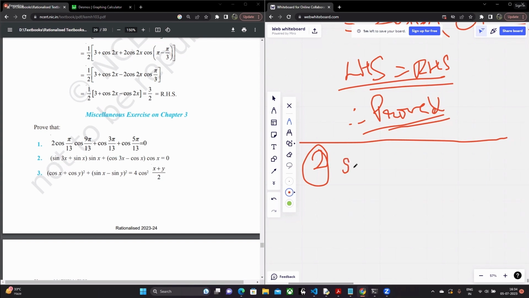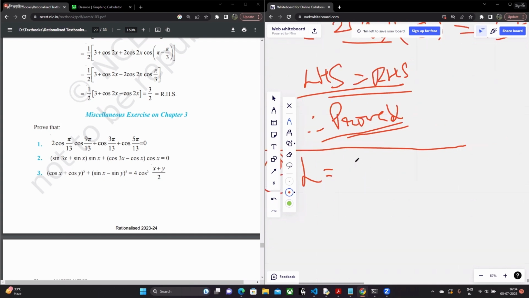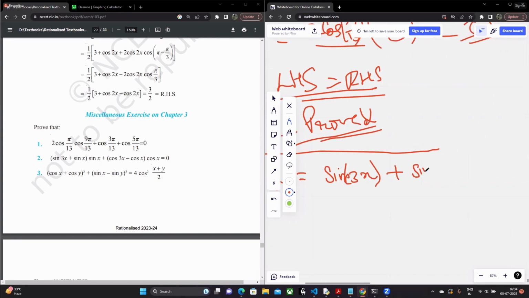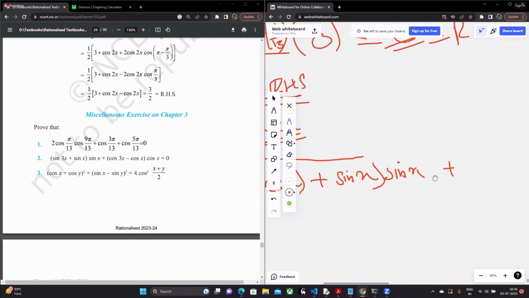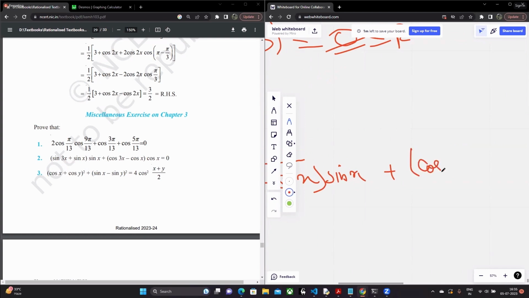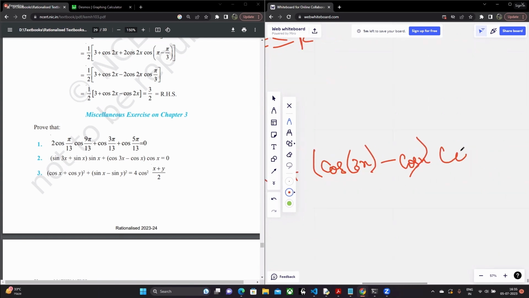So what you'll get is, let me write the question. Left hand side is going to be sine of 3x plus sin x, times sin x, plus cos of 3x minus cos x, whole into cos x.